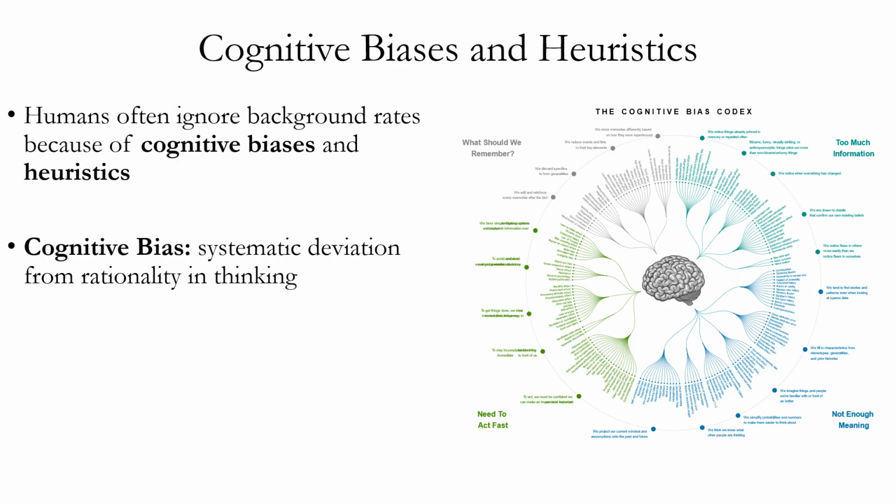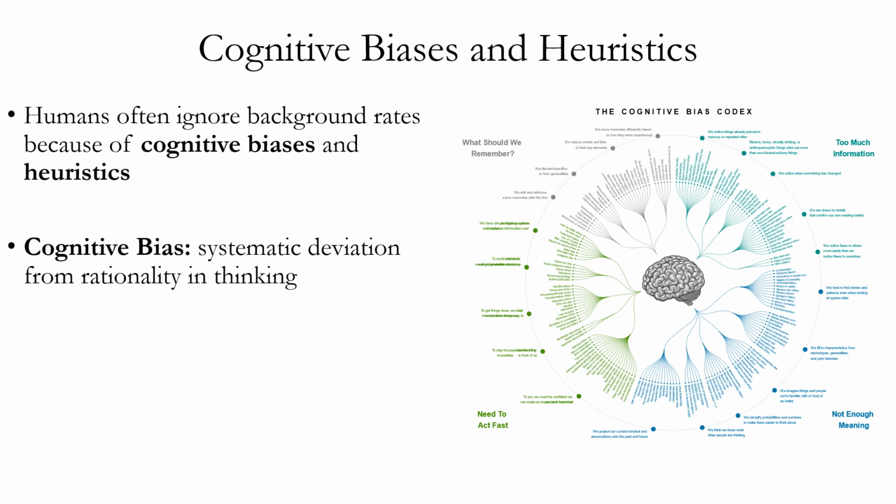Cognitive biases and heuristics are relevant to a lot of areas of critical thinking, including ignoring background rates. A cognitive bias is a systematic deviation from rationality in thinking. Rationality here means using all the reasons and evidence that are available to assess a claim.